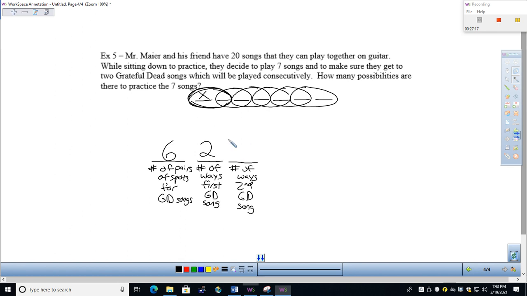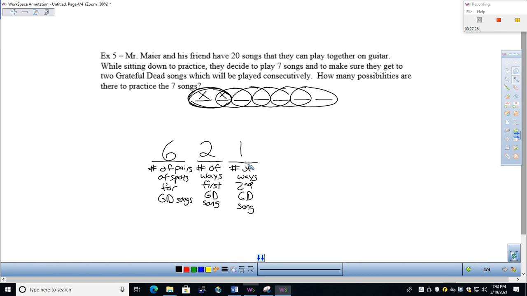Now this is not totally mandatory because you know there's only one Grateful Dead song left, right? We had 2. I put 1 here, so that means there's only one possibility for that one right there. So as I use this as a visual tool, what I'm really doing is figuring out how many ways I can satisfy this condition and then this and then this, and I work my way down each task independently.